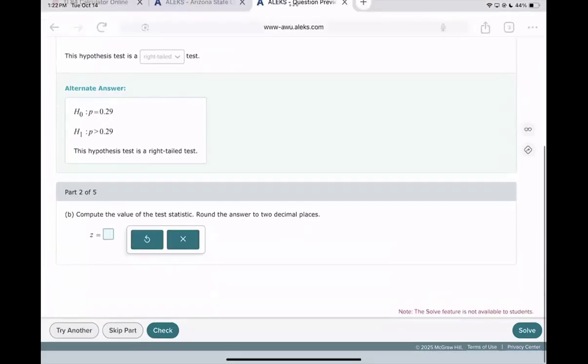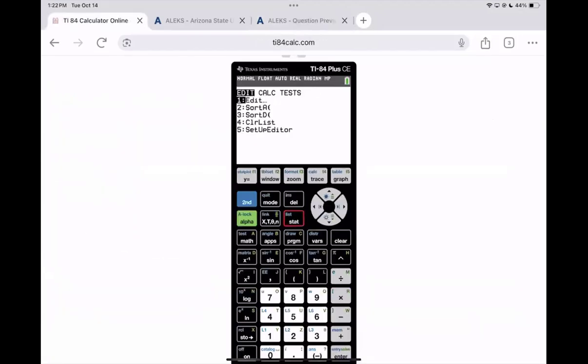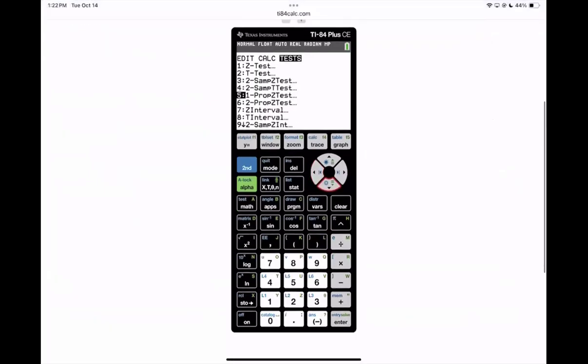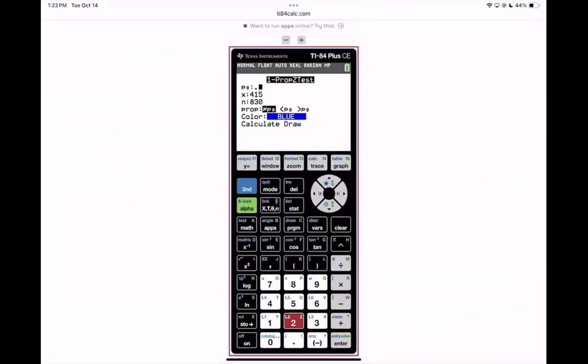And then after that, we have to jump to the calculator, right? All this other stuff's going to be in the calculator. And so the numbers I have to remember: X is 113 and N is 341. So test, one prop Z test is option 5. This was the 29%. I don't remember now.